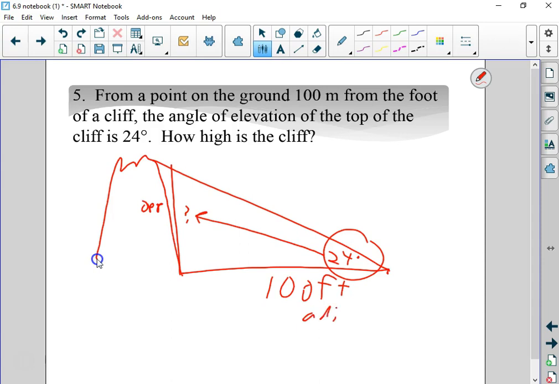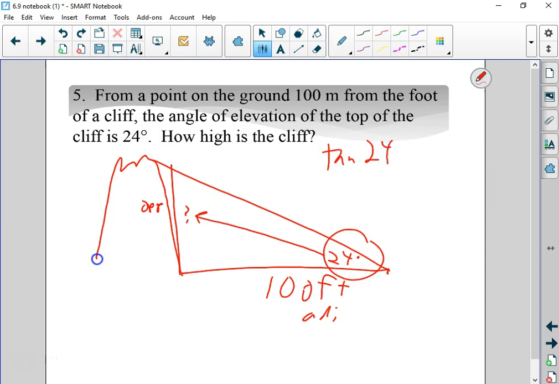So we're doing opposite and adjacent, which is tangent. So tangent of 24 equals opposite, or unknown, over 24. So we're just going to multiply both by 24. Nope. Sorry. 100.